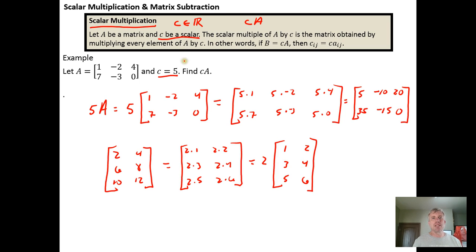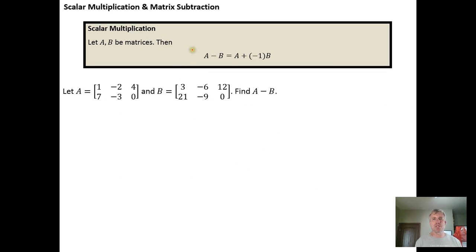The nice thing about scalar multiplication is it gives us a way to define subtraction in terms of matrix addition. Just like with real number subtraction, if we have 7 minus 2, we know that we can rewrite that as 7 plus -1 times 2, or just 7 plus the opposite of 2.